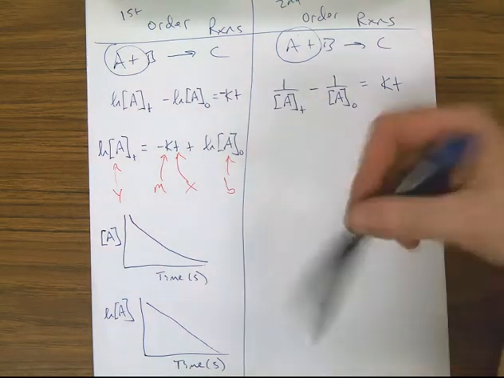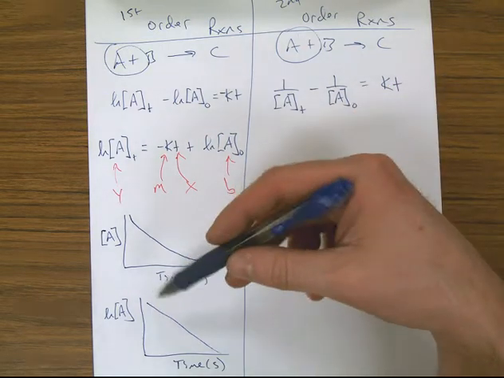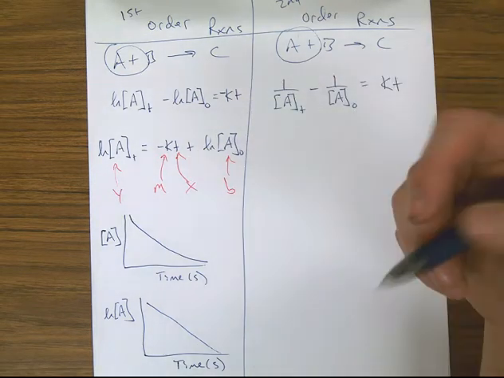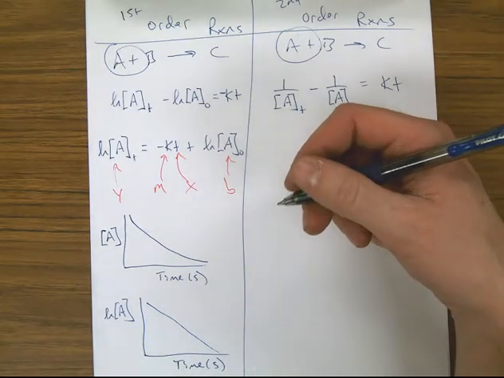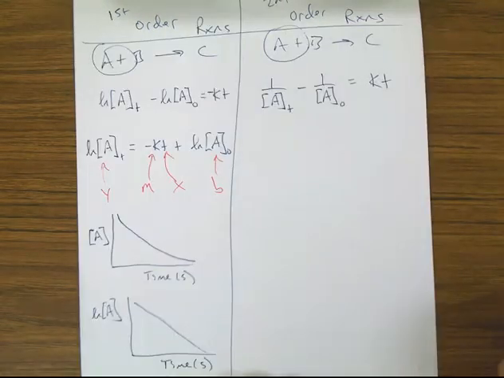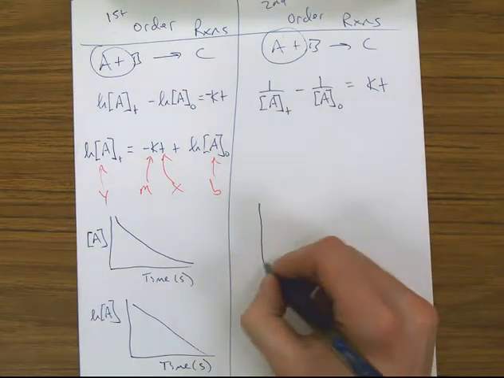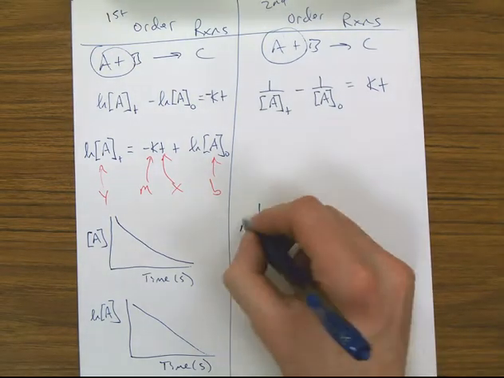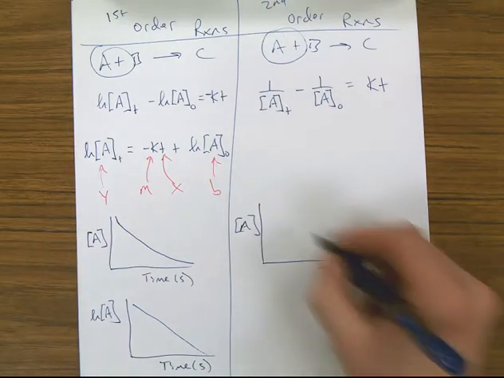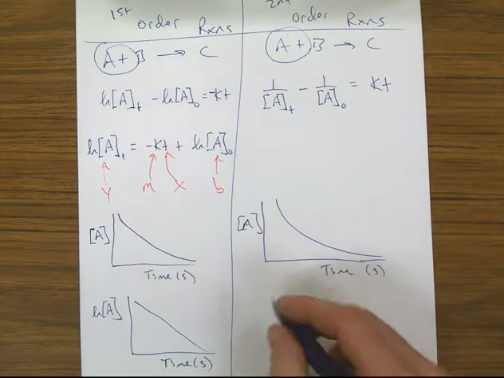You know a reaction is first order if, when you graph the natural log of the concentration of A, you get a linear relationship. That's when you know it's first order. For second order, going to this equation over here, if you have A, just like a first order reaction, you'll see a possibly slight exponential change.